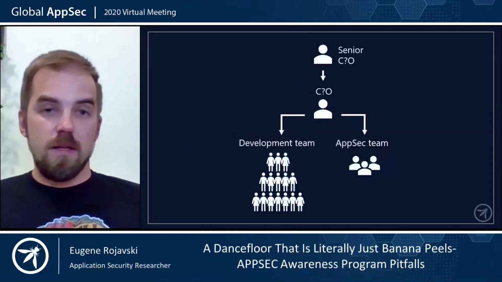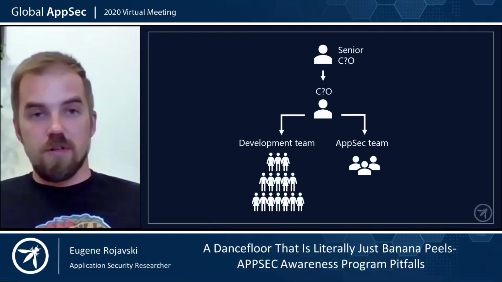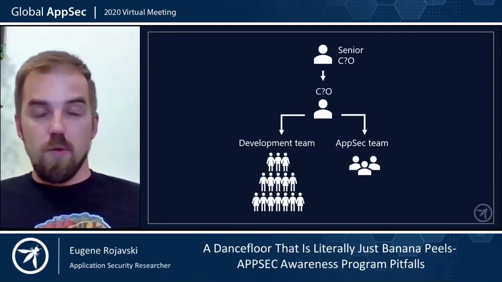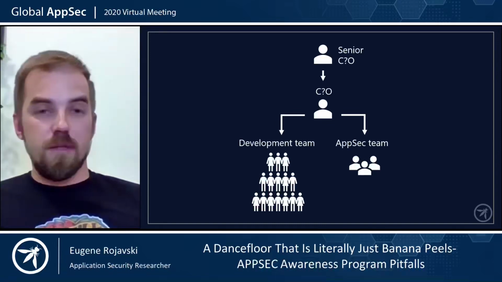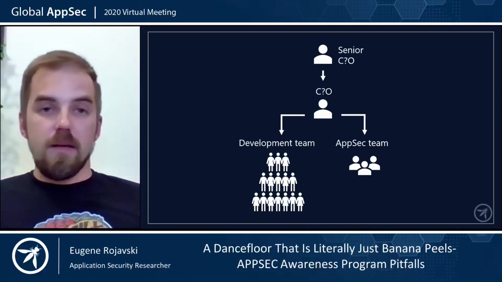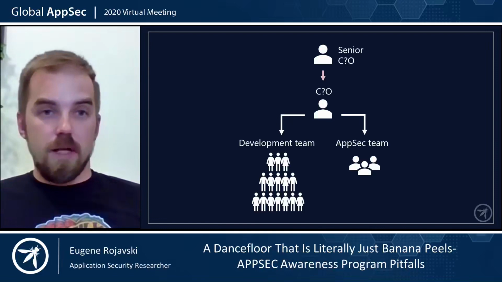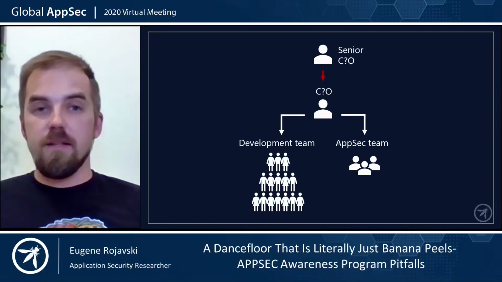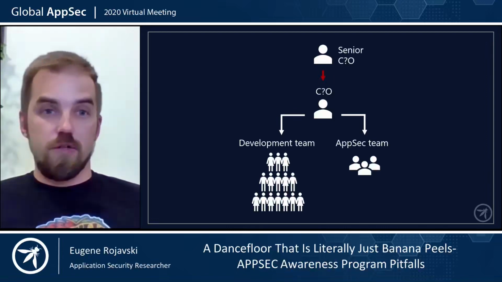In my case, I had this structure. The AppSec team and the development team were under CTO, who had some senior management, and we got the task to implement the AppSec program, but we didn't have support from senior management who were ready to buy in and support us budget-wise.